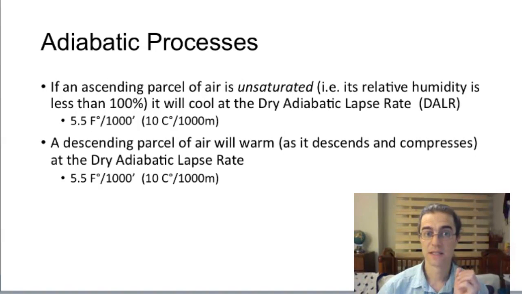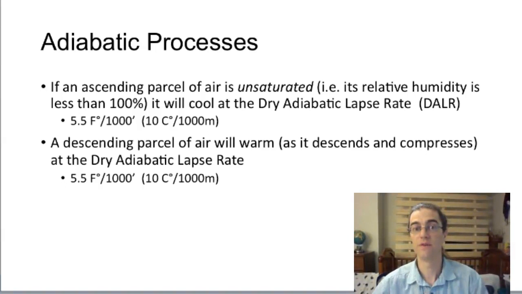So, if an ascending parcel of air is unsaturated, that is, the relative humidity is less than 100%, it will cool at a dry adiabatic lapse rate, which is 5.5 degrees Fahrenheit per 1,000 feet, or in Celsius, very handily, 10 degrees Celsius per 1,000 meters.